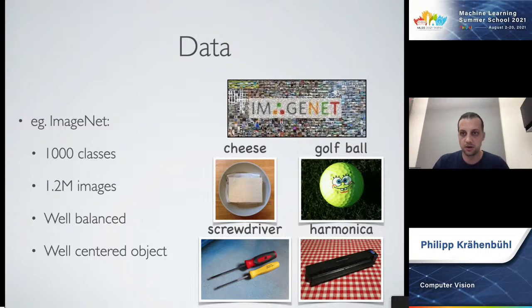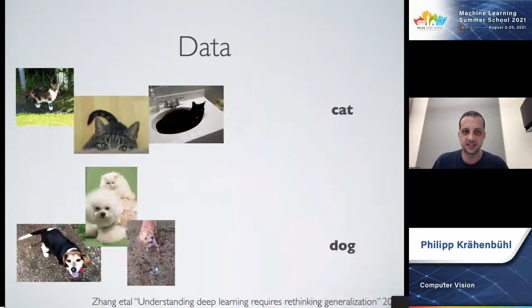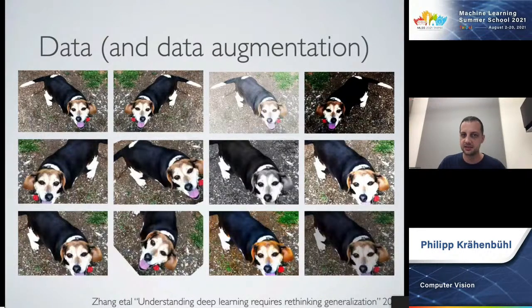So during training we cannot just use the training data as is, but we need to try to create more data on the fly. This is often called data augmentation. The simplest forms of data augmentation are just flipping an image left, right, cropping an image to a slightly different location, or changing its color.